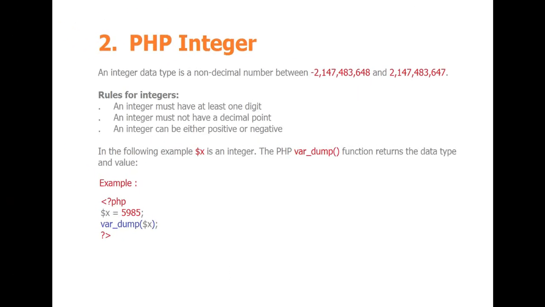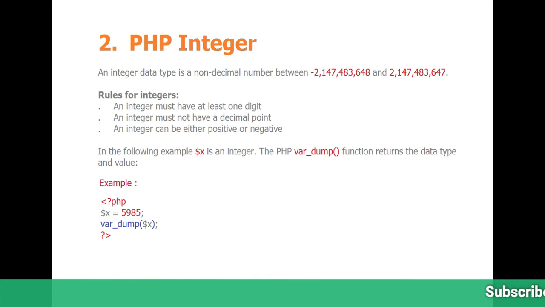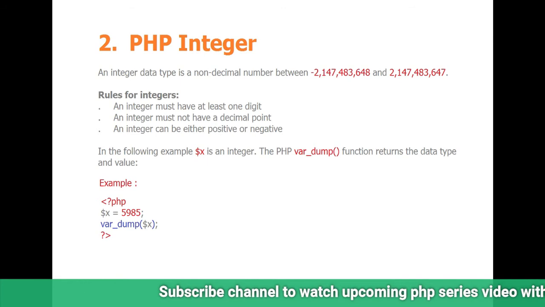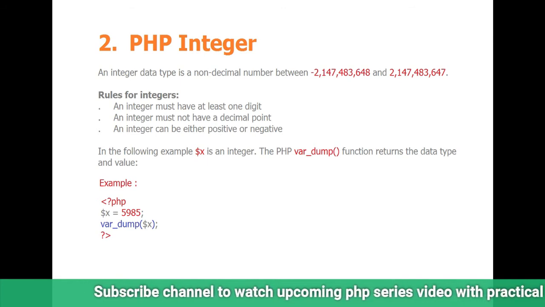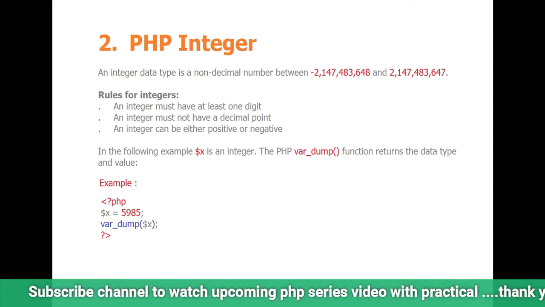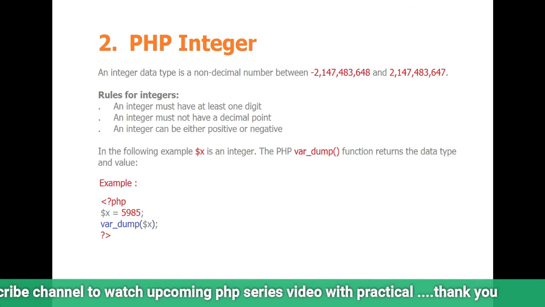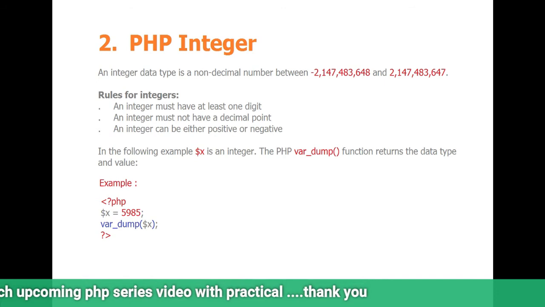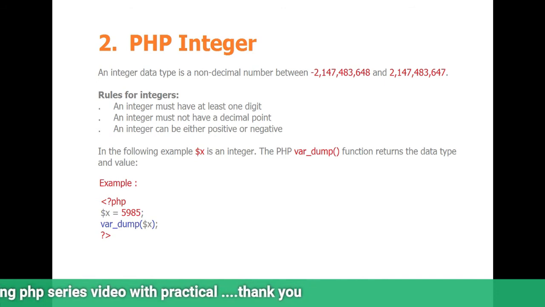Second point is PHP integer. Integer data type is a non-decimal number. Rules for integer are: it must have at least one digit, must not have a decimal point, and an integer can be either positive or negative.